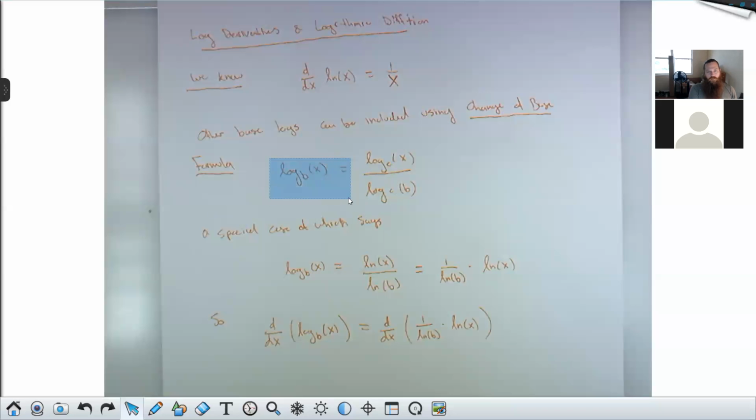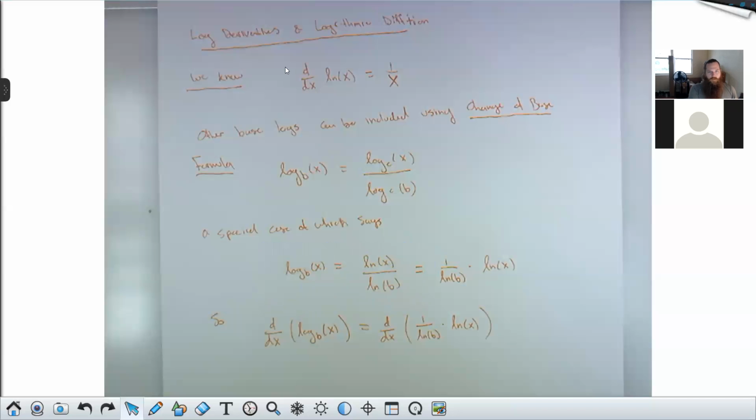If I want to take a base 2 log and rewrite it as a base 7 log, the base 2 log of x is the base 7 log of x over the base 7 log of 2. I'm using a special case of this formula where I plug in e for c. So any base logarithm can be rewritten as the natural log divided by the natural log of the old base.